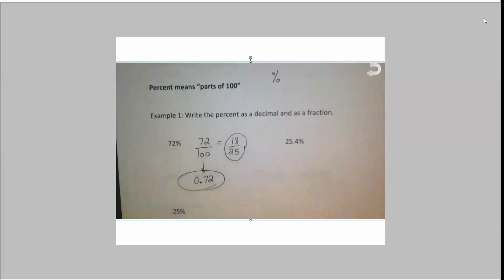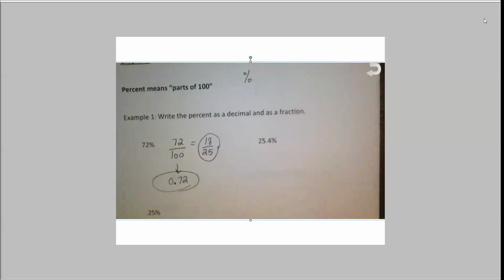The hundredths place is 2 positions past the decimal. So drop your percent, write that number over 100. There's your fraction. Reduce it if possible. Take this number, 72 hundredths, and you'll write that as a decimal. Okay, so that's just one way to do it.